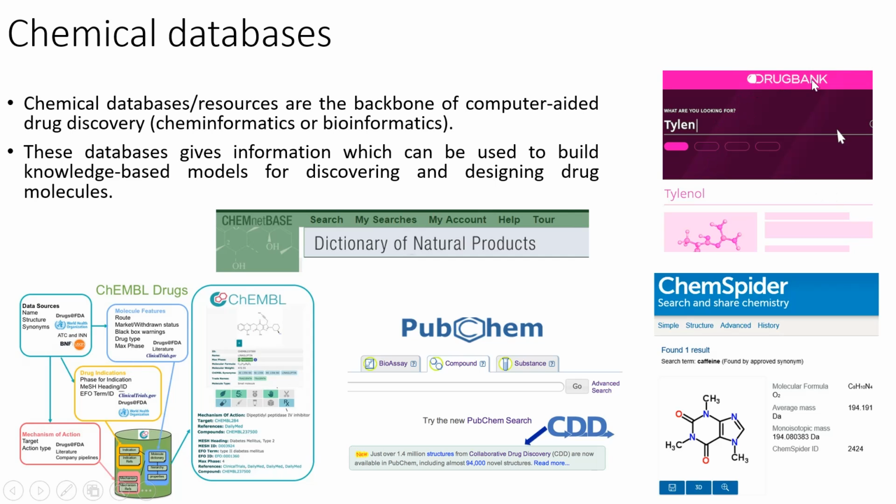And you also have DrugBank, which contains all the digital form and information related to all the FDA approved drugs. Okay, and particularly the Dictionary of Natural Products. Although it's not a free database, it's one of the most comprehensive for natural products. There are other free databases that you can look at. I'll try and put a link for some of the publications that have reviewed natural product databases.